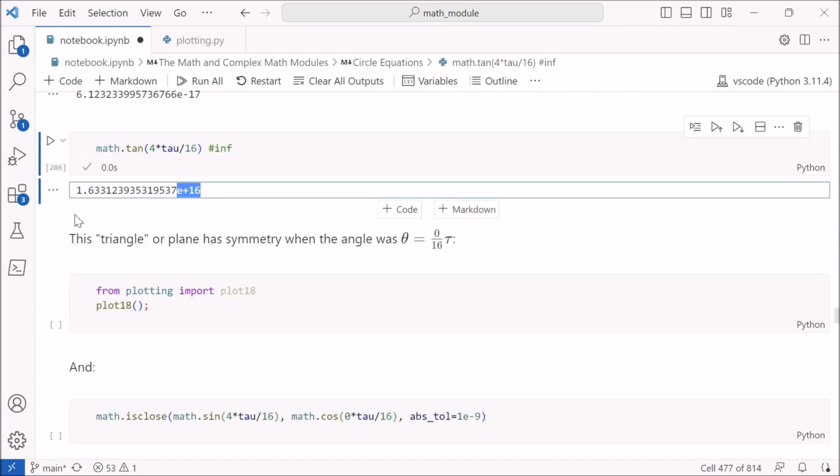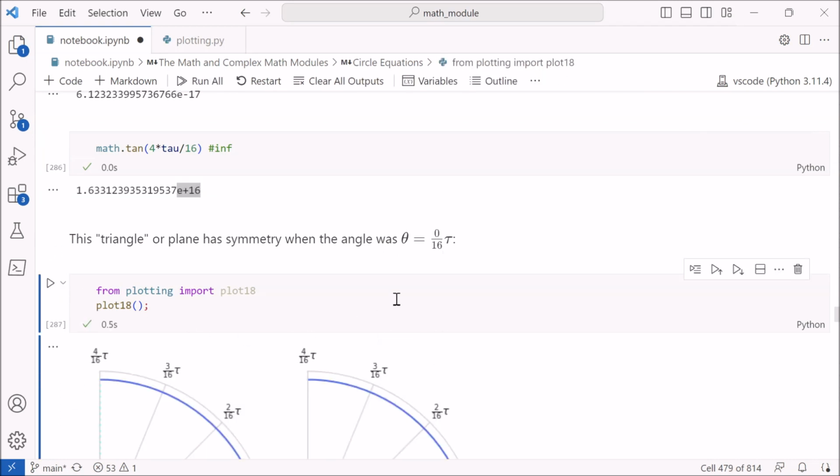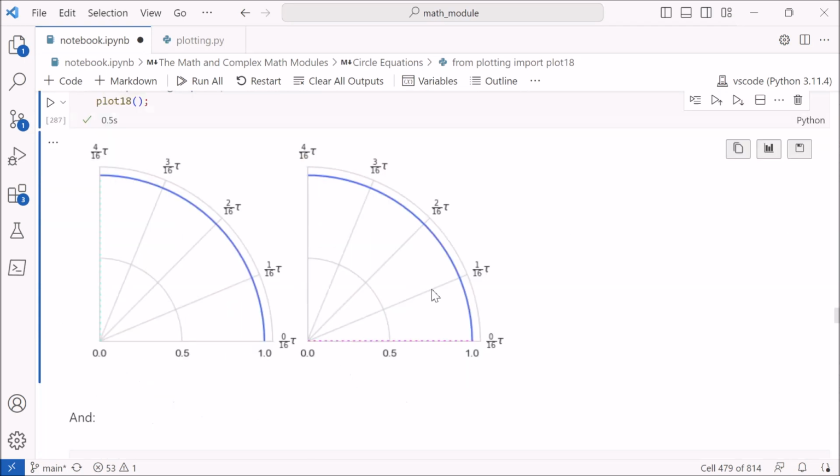So you'll notice that this triangle or plane has symmetry, and we actually observed this earlier when we had theta equals 0/16 tau. So basically now at 4/16 tau, we've got the opposite being the entire component of radius, and when we had 0/16 tau, we had the adjacent being the full component of radius.